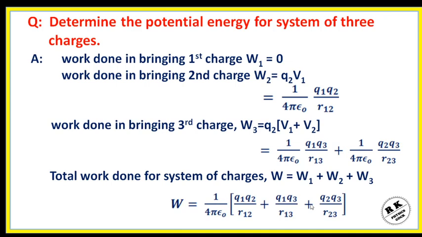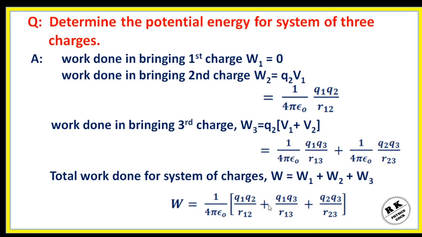Notice that it is somewhat different in form, but if you do some exercise, this equation will be similar to what we derived in the previous slide, that is half summation of Qi Vi. If you work it out, you will get the same expression. Don't think that this is different; it is the same as half summation of Qi Vi.